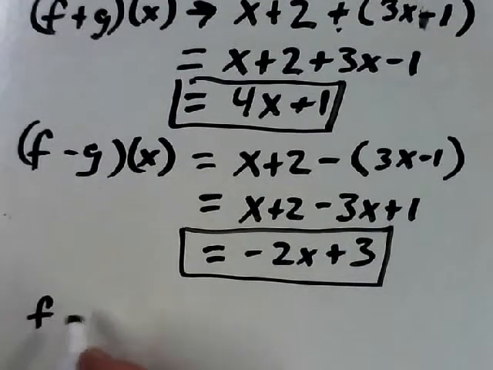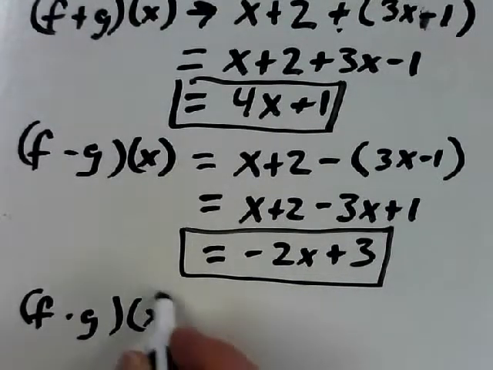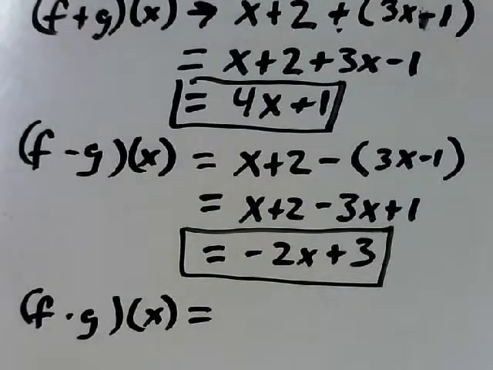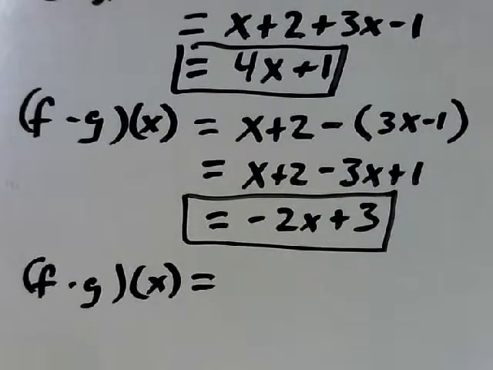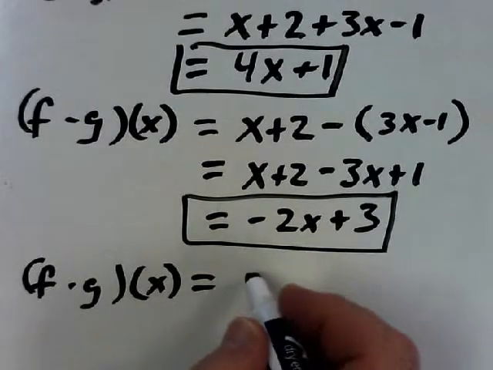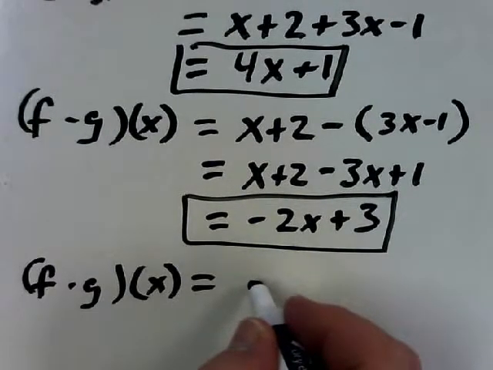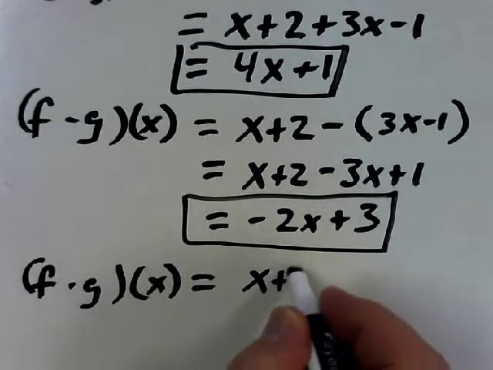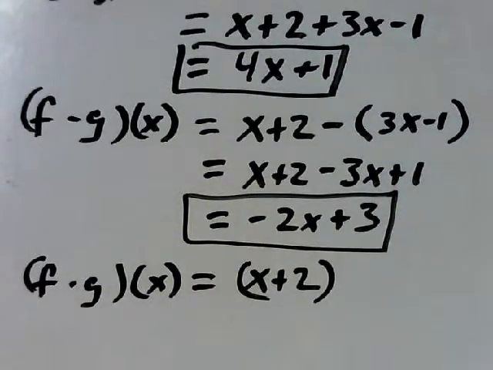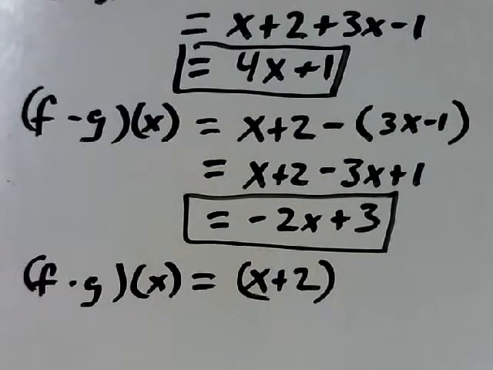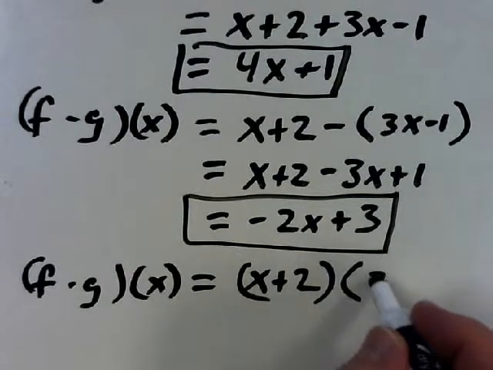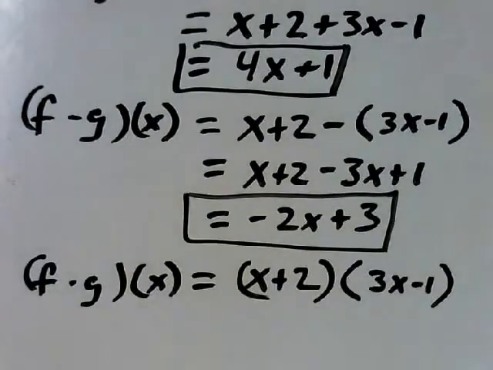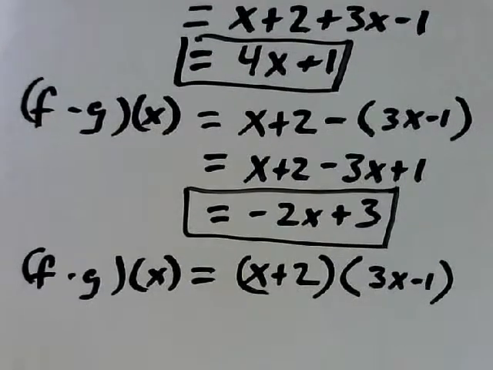Now I want to do f dot g of x, which means I'm going to take the f of x function times the g of x function. The f of x function was x plus 2. I'd probably put it in parentheses since I'm doing multiplication. And what is the g of x function? 3x minus 1.